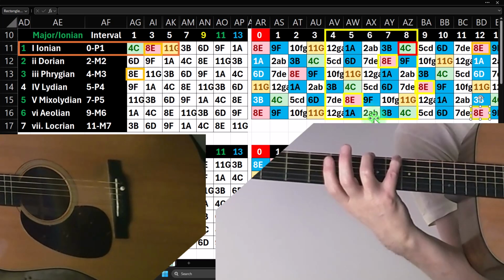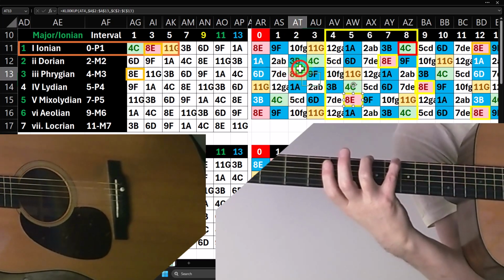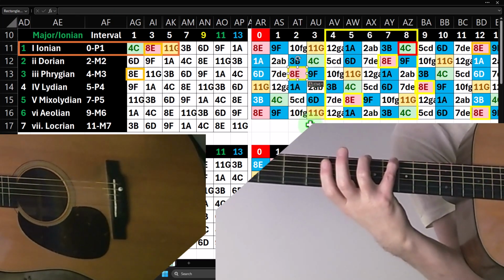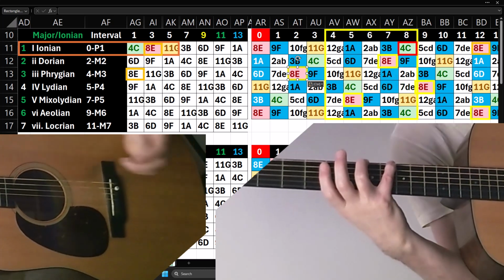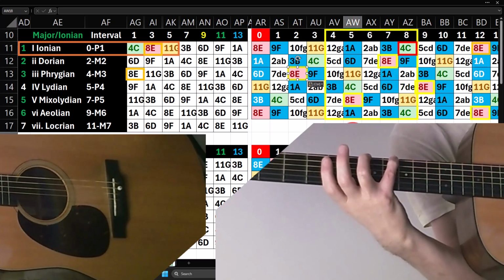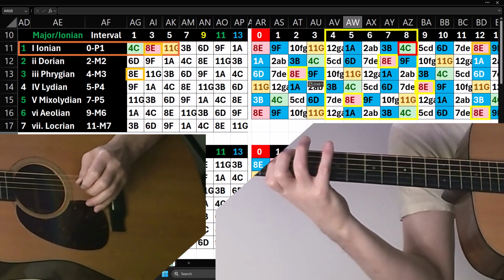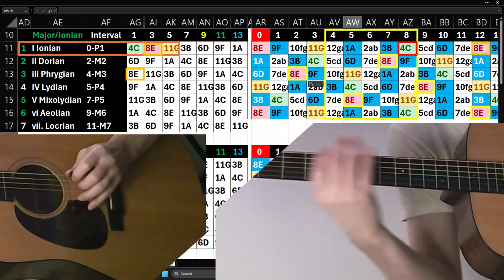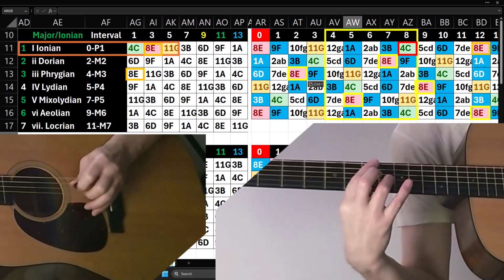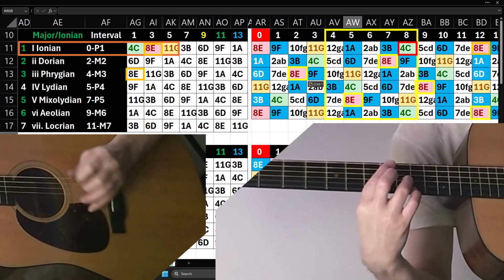I'm missing that one because that's going to be a reach to get back here. So if I go down 2, it's going to be up here, and then if I go down 3, whoops, I'm on the wrong one.